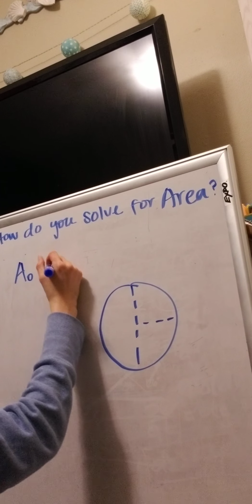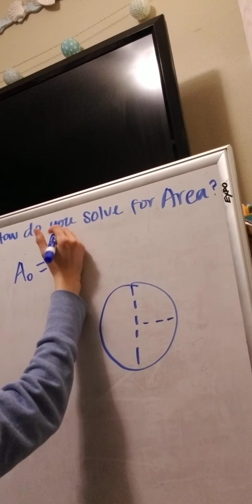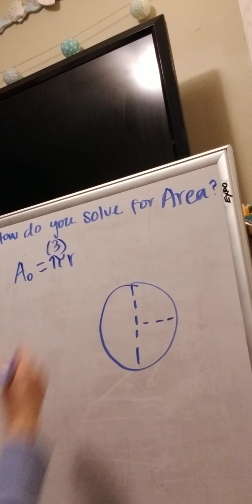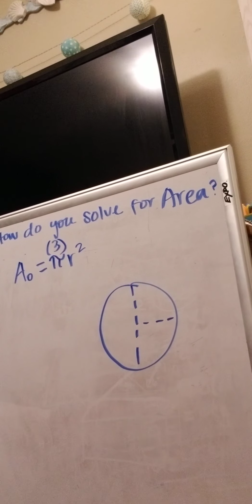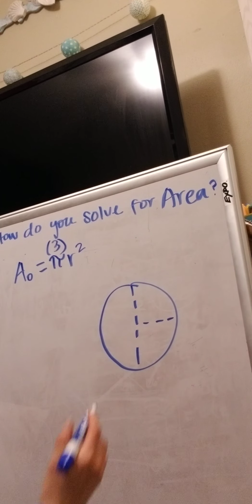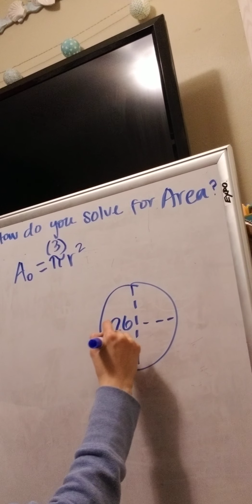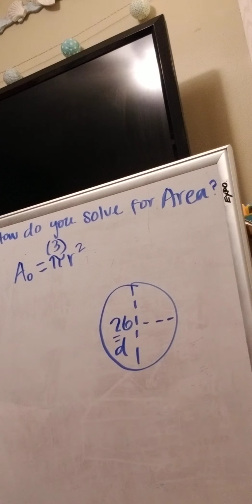The area of a circle is pi, which we're going to use 3 in this case, pi radius squared, so pi r squared. So if we're given a diameter of 26, I'm going to say 26 is the diameter.